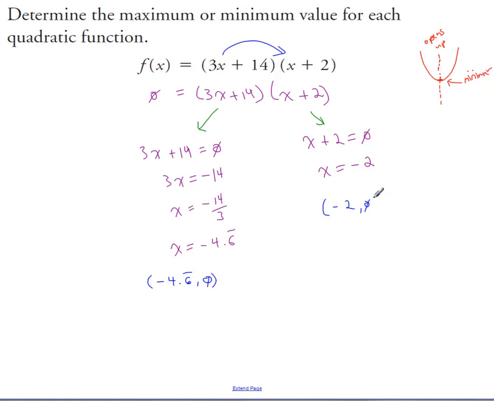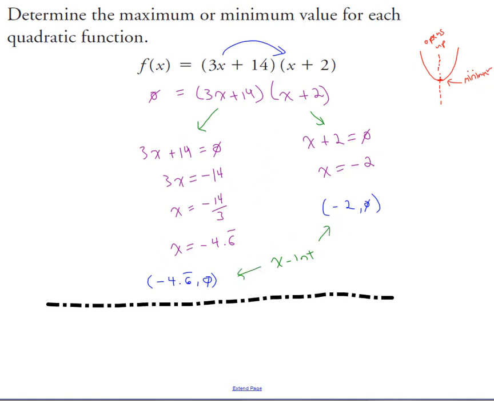I notice they're both on the negative side of the axis, so this one is shifted left pretty far. My axis of symmetry will tell me my x value for my vertex, so that's an important one. I should mention that these are my x-intercepts, right there and right there.